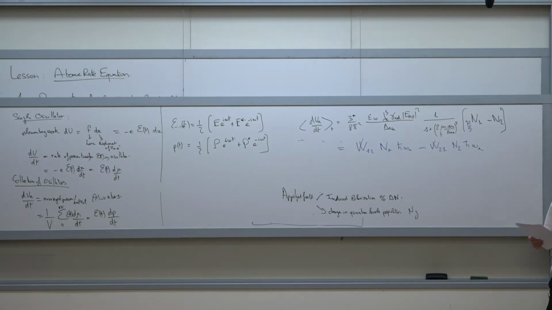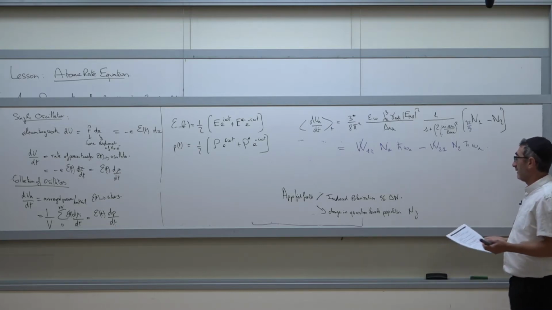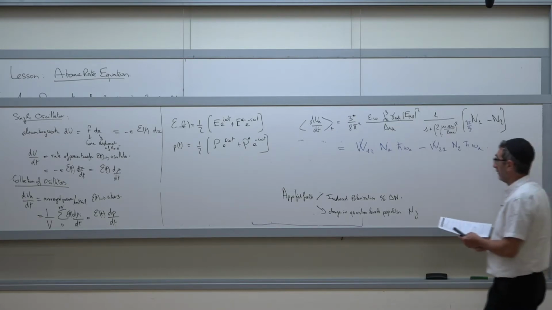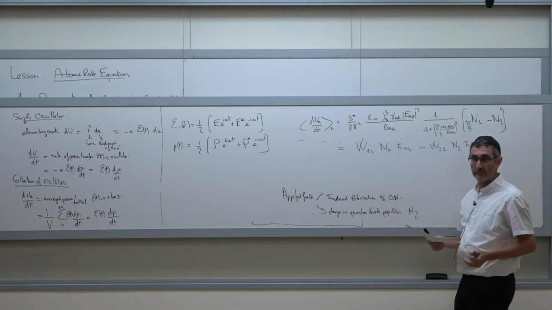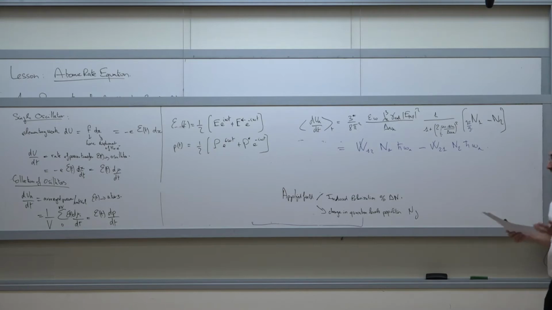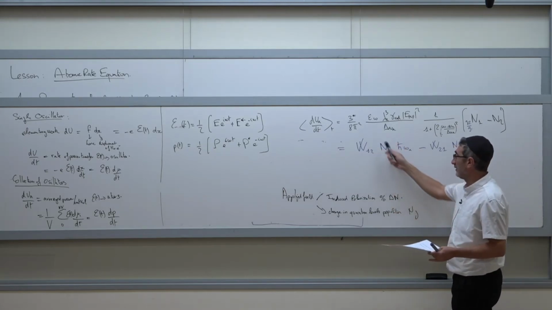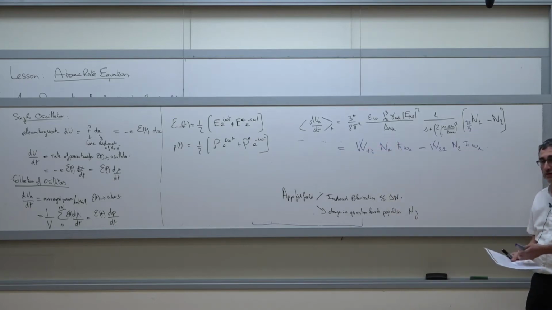So when you have a field incident inside an atomic structure, you stimulate transitions. This one here is an upward transition. You bring atoms from lower energy to higher energy. You inject energy which is absorbed by the system by transfer of population from lower level to higher levels.